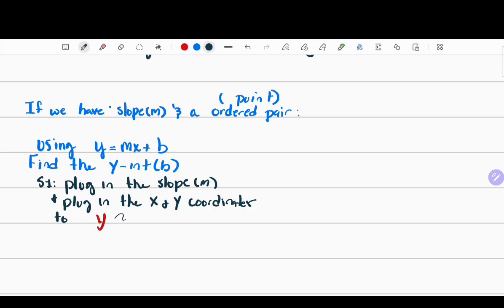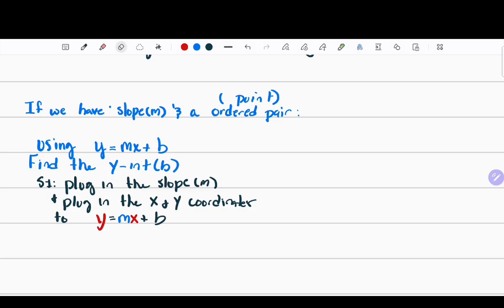So remember, our slope is our m, and our x and y coordinates would be x and y that we substitute here. So we have all numbers, equal signs, and we have b.